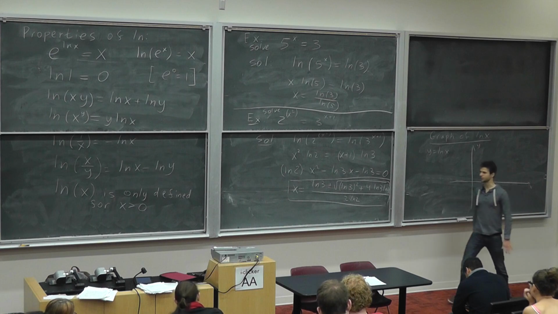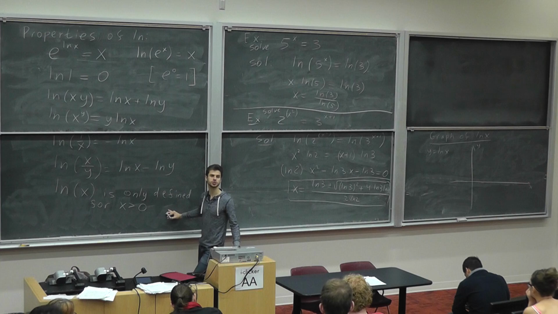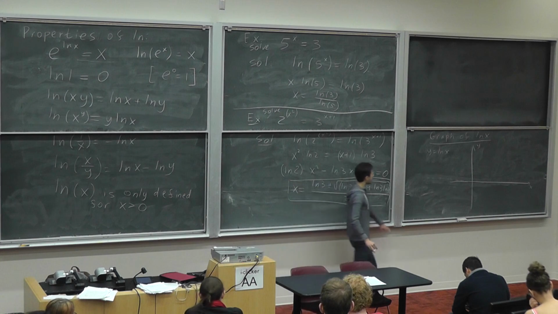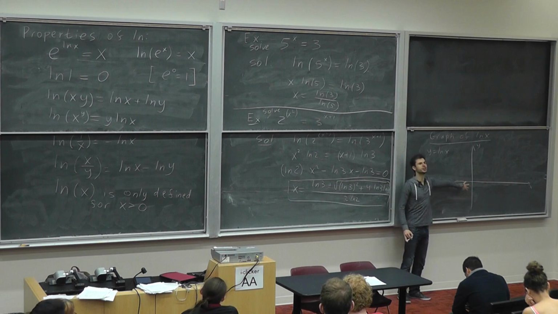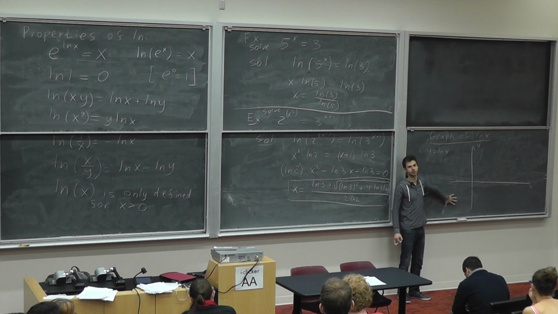So first observation. Logarithm of x is only defined for x which is positive. So I should not bother with any negative value of x. This whole part of the graph is going to be empty. Nothing.